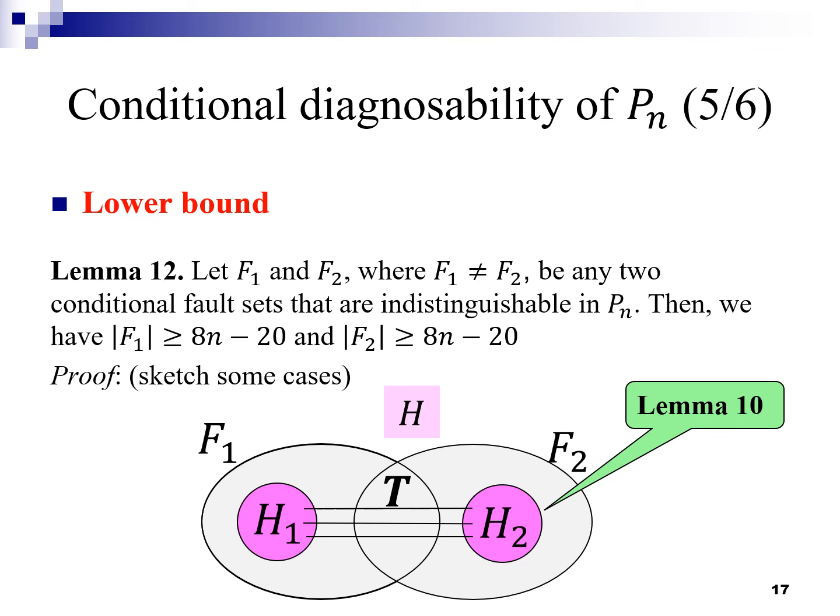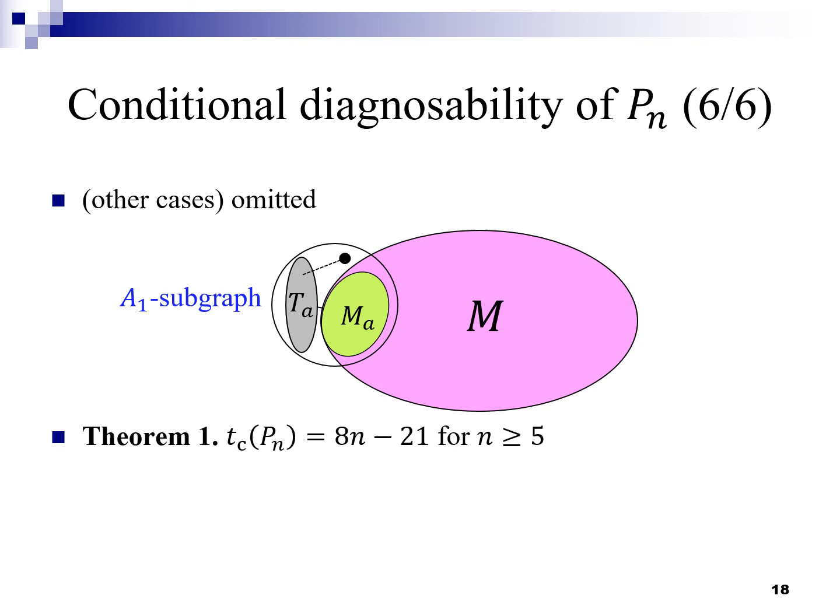So we can finish the proof for big T. For the cases when T is smaller, the analysis is much more complicated, and because of the time constraint, we omit its detailed proof here.